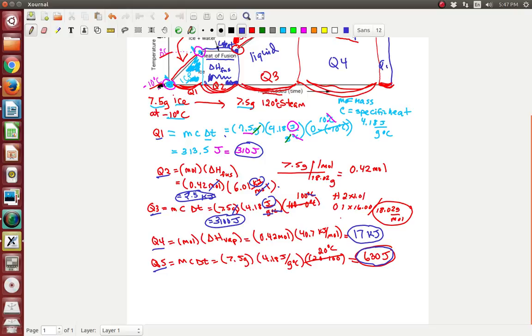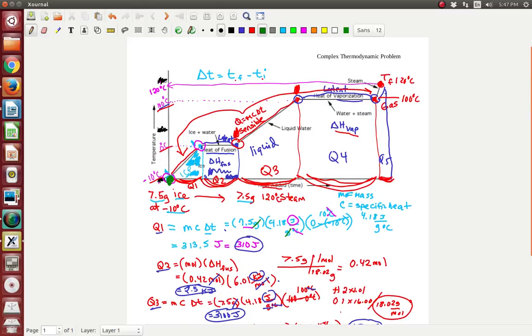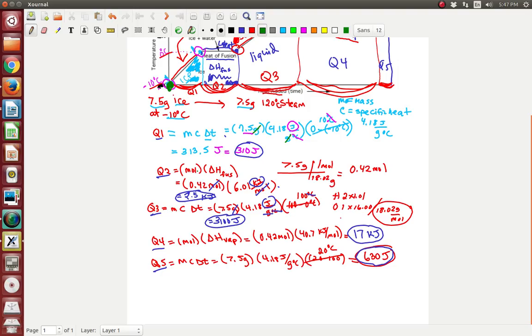All right, so that's all the pieces of heat. This right here is the Q5 area. And now to find out the total amount of heat it took to go from the very beginning over here all the way up to the very end over here, we just have to add up all the pieces, all the Q's together. So the total amount of energy is going to equal Q1 plus Q2 plus Q3 plus Q4 plus Q5.